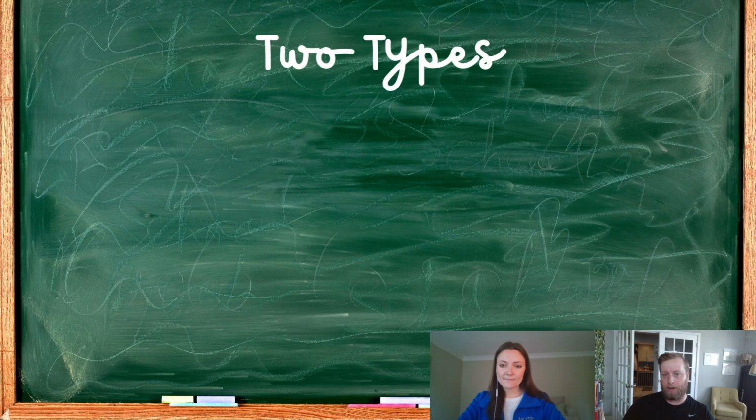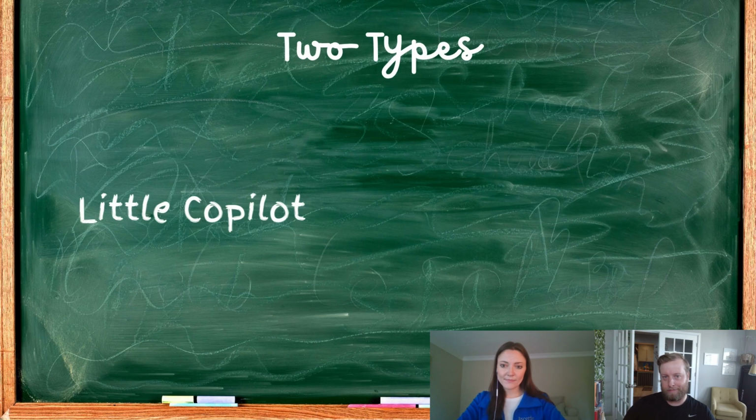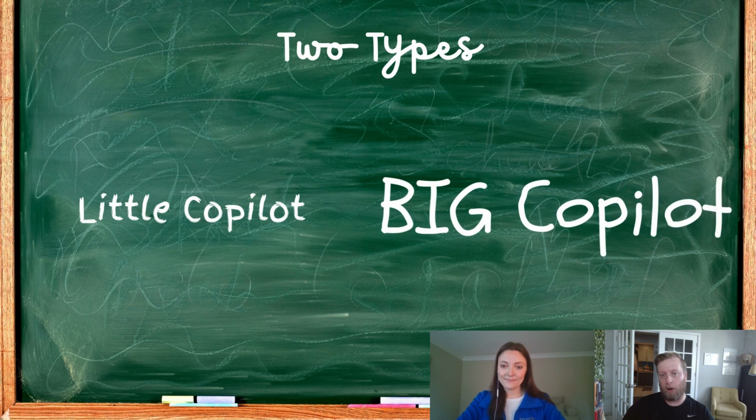All right. So I guess we can just start here and talk about the differences between Copilots. Whenever a lot of people think about Copilot, they think about what I call the big Copilot, where you go to copilot.microsoft.com. And that's like the ChatGPT style Copilot. Now, there's another type of Copilot that's in Power Platform. It's actually called Copilot Studio, where you can make customized agents.